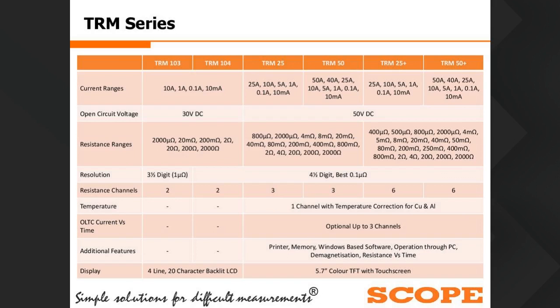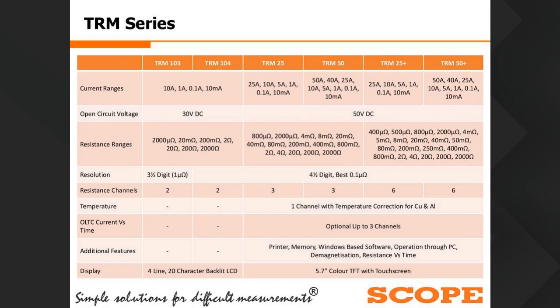Also, we have provided an automatic temperature correction facility. Then a current versus time graph, to check the healthiness of the OLTC, is provided with 3 channels. Additional features we have provided are a printer and internal memory. The instrument can be operated with the help of software through a PC.